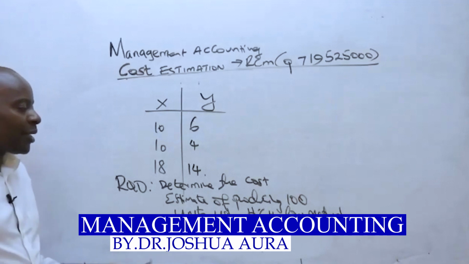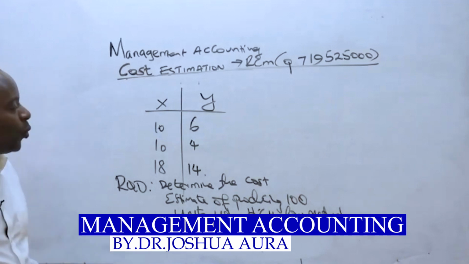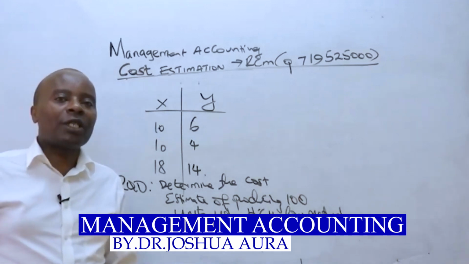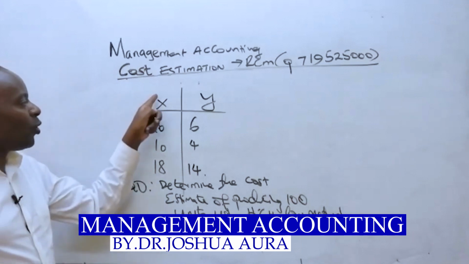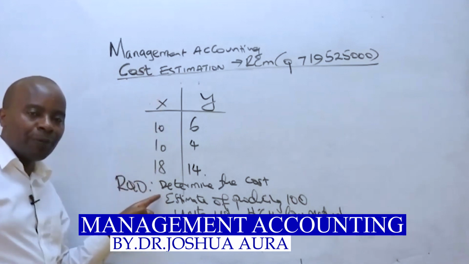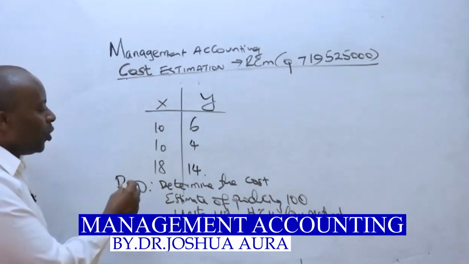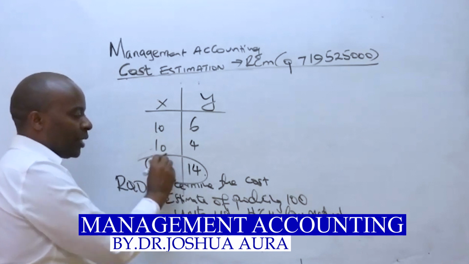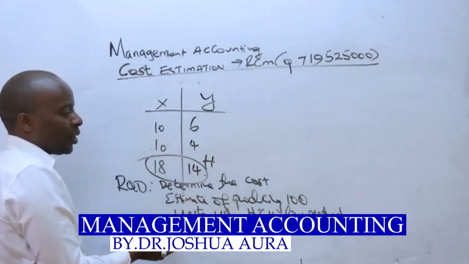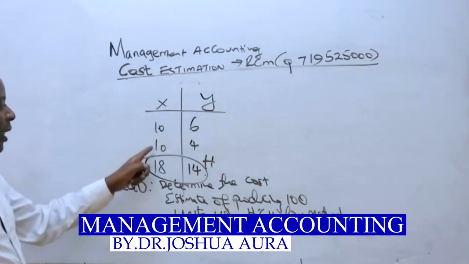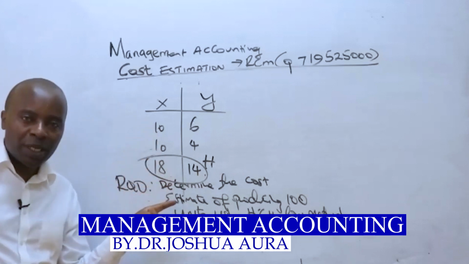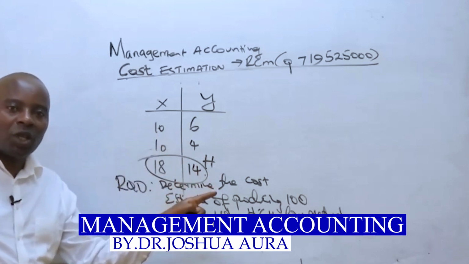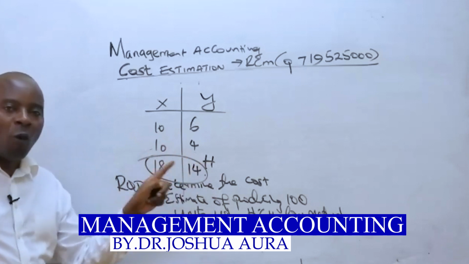Very easy. The first thing that I will do in my desire to get a solution to this is to look for the highest X value, which is 18. But you take it as a point. So you have this being the highest. Then when I go to the lowest, I discover I've got two lowest X values. I have 10 with a 6, and then I have 10 with a 4.